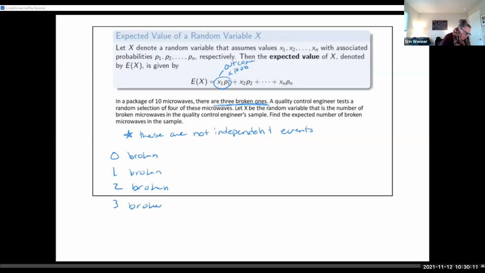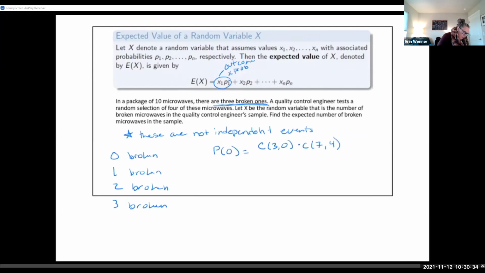So the probability that we select 0 broken microwaves is the combination of 3 broken taken none times the combination of 7 good, choosing all, I'm choosing here 4 of them.